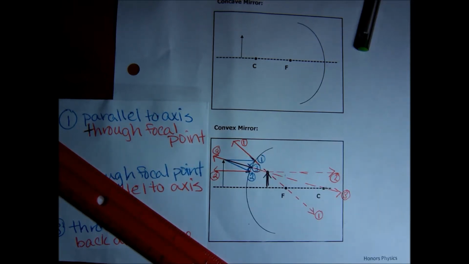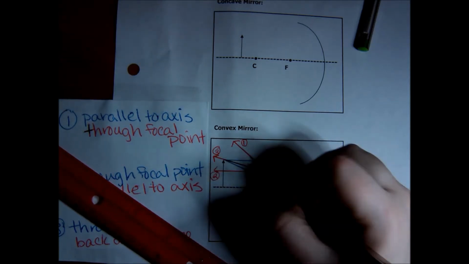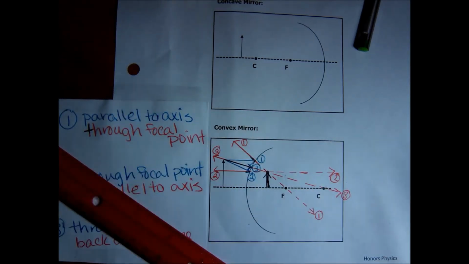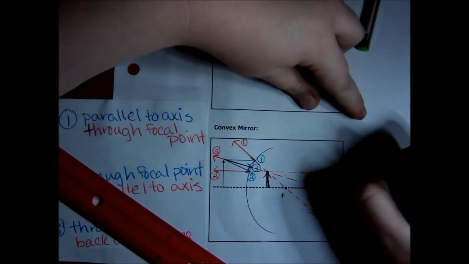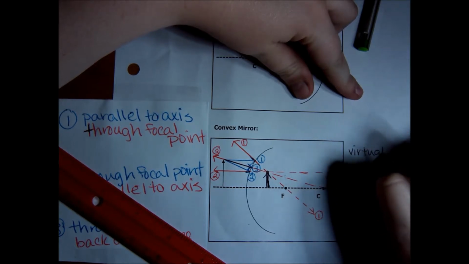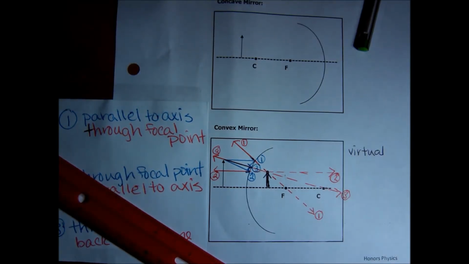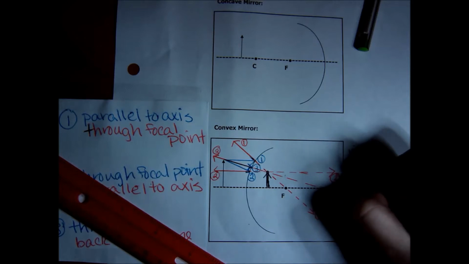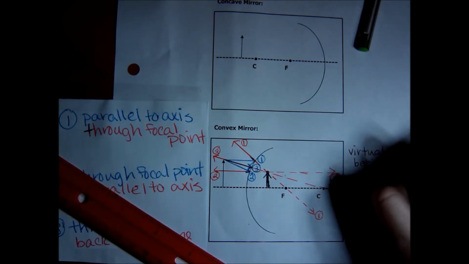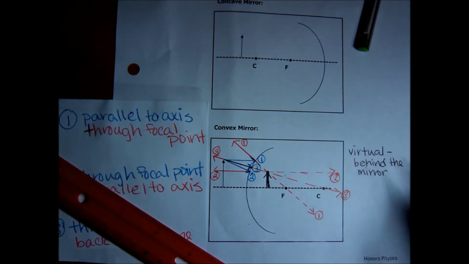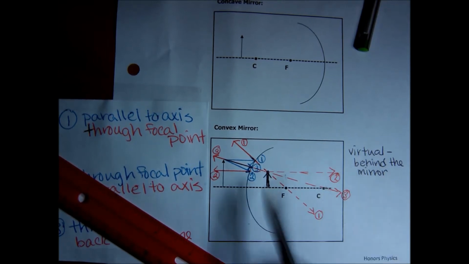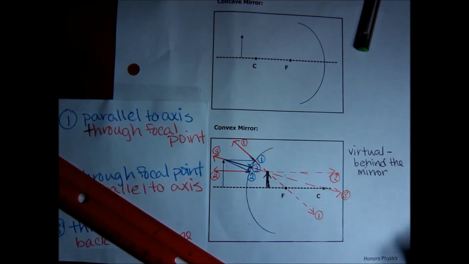So let's walk through what's true about this image again. It's pretty different than the image created by the concave mirror. So this image is virtual. We know that it is virtual because it's behind the mirror. There's nothing actually back here, so the fact that we're seeing something behind the mirror is a virtual image.